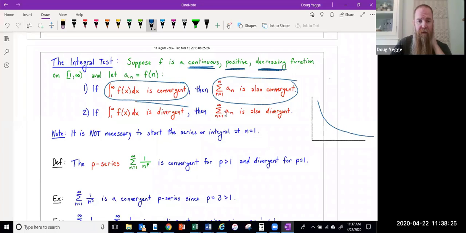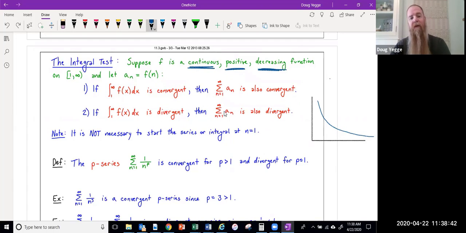If you calculate the integral and it diverges, then the series must also diverge. So this is just saying that the series does the same thing that the corresponding integral does, which is pretty cool, because now we've got a method of determining whether or not certain series converge or diverge.